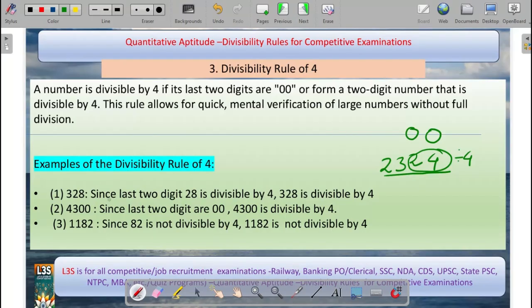One example is 328. What are the last two digits? 28. Now 28 divided by 4 is equal to 7. So it is divisible by 4. So the whole number 328 is divisible by 4.